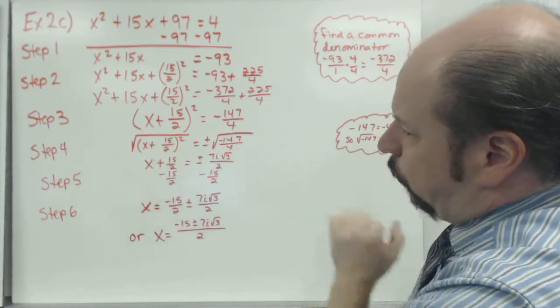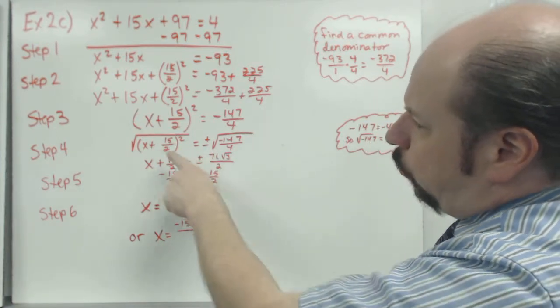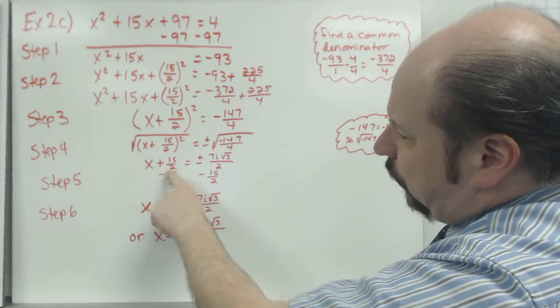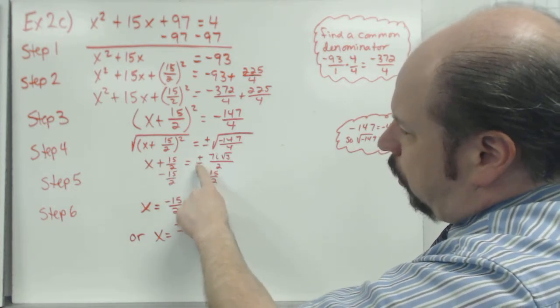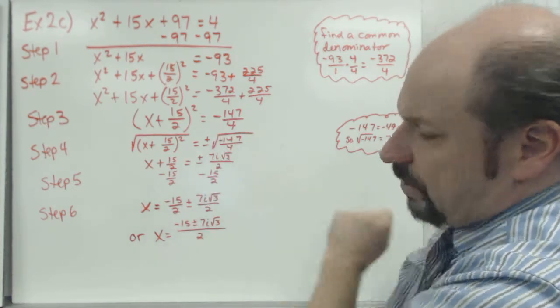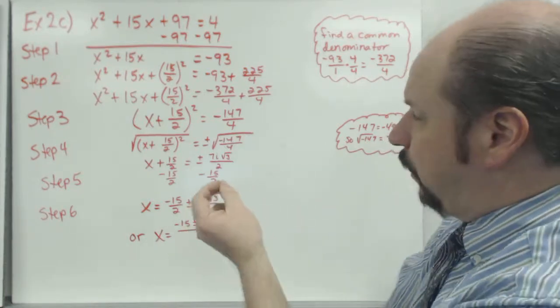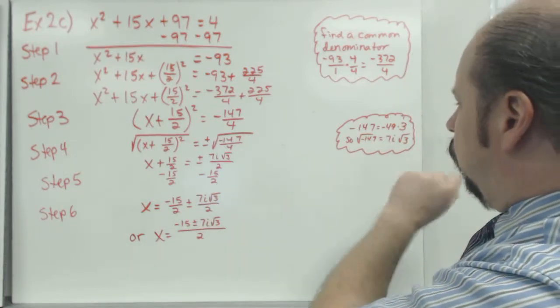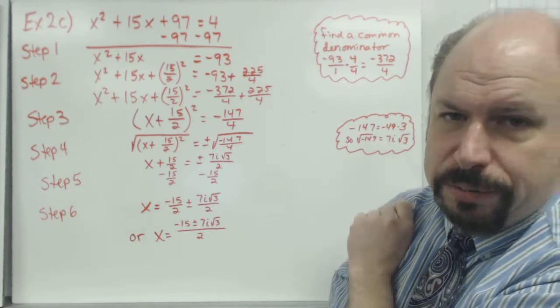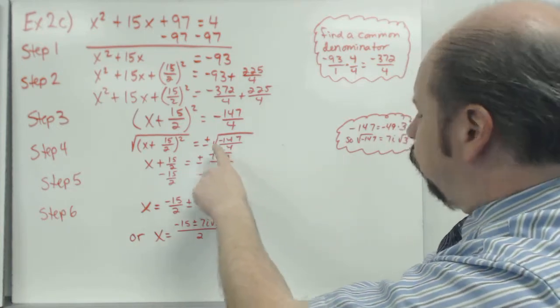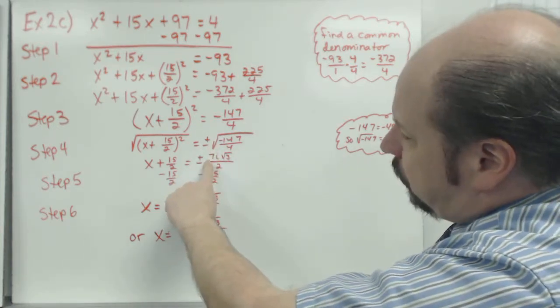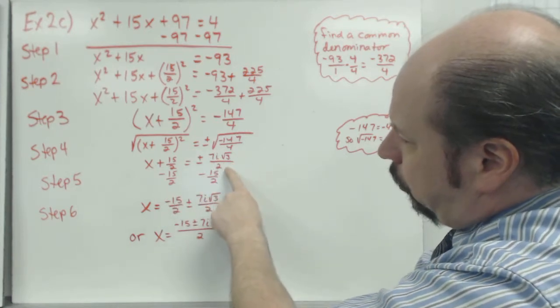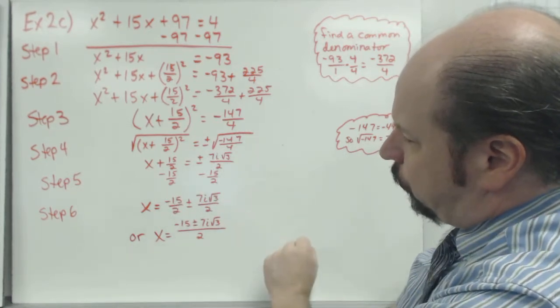So when we go and take the square root of both sides, we get x plus 15 over 2 equals plus or minus. Now notice, since it is negative, we need i. We need to include i here. And negative 147 is negative 49 times 3. So I have written that as 7i root 3 over 2, because the square root of 4 is 2.